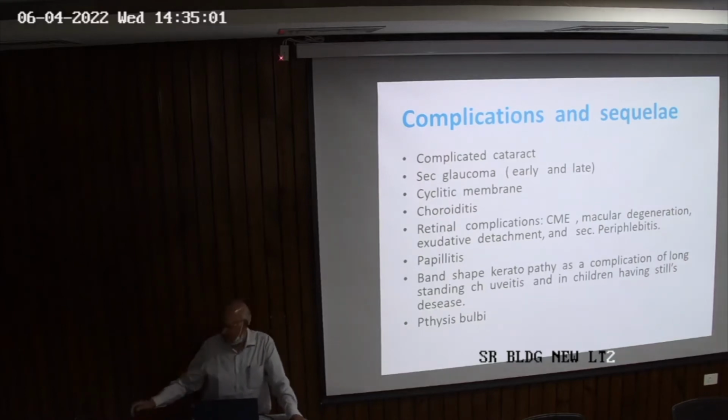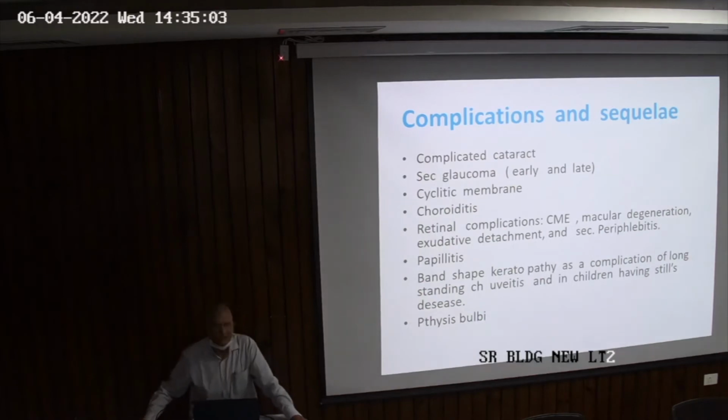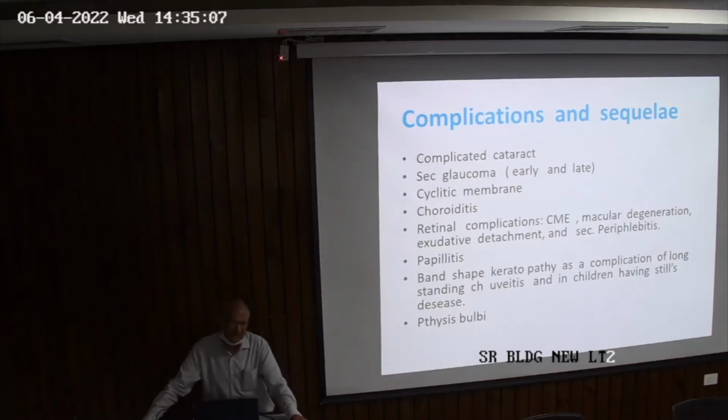This is called late glaucoma. So there are two phases of glaucoma, early and late. The cause of early is the cells, the aqueous flare, the proteinaceous material, some trabeculitis and toxic material. The late is due to synechia, so that there will be no drainage.